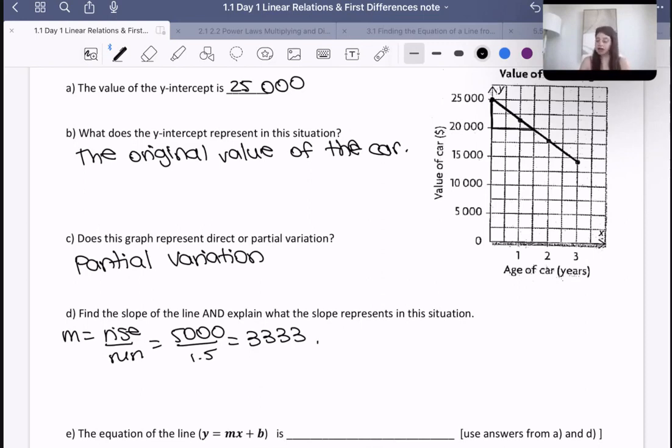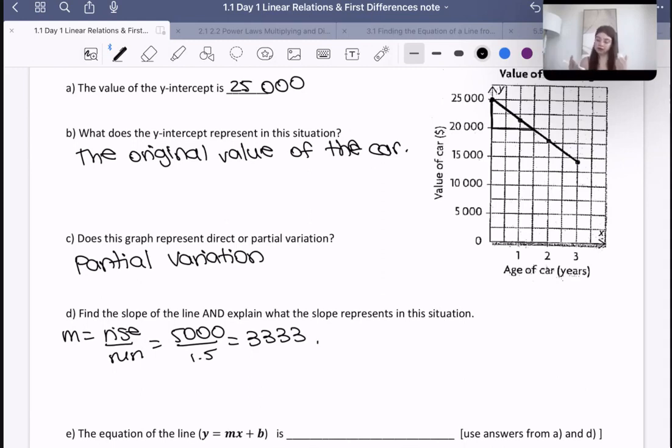Now, I do want to mention this graph is not that accurate because cars actually depreciate more in the first year and then less in the second year and then less in the third year, and so on. They depreciate the most in the first few years, and then as time goes on, they depreciate less and less.